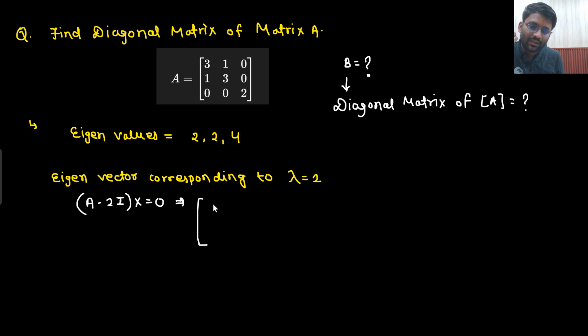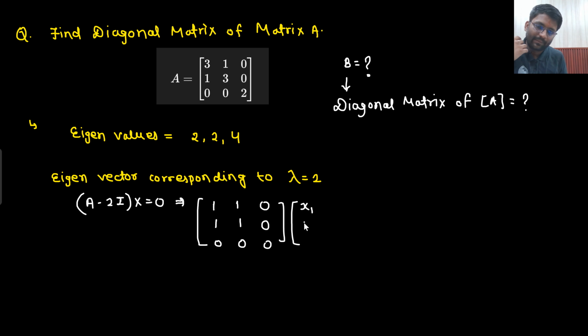So A minus 2I, multiplied with x, should be equal to 0. And I can directly sense here that nullity is coming out to be 2. Nullity will be 2, so yes, it will give us two independent eigenvectors. So let's try doing it.